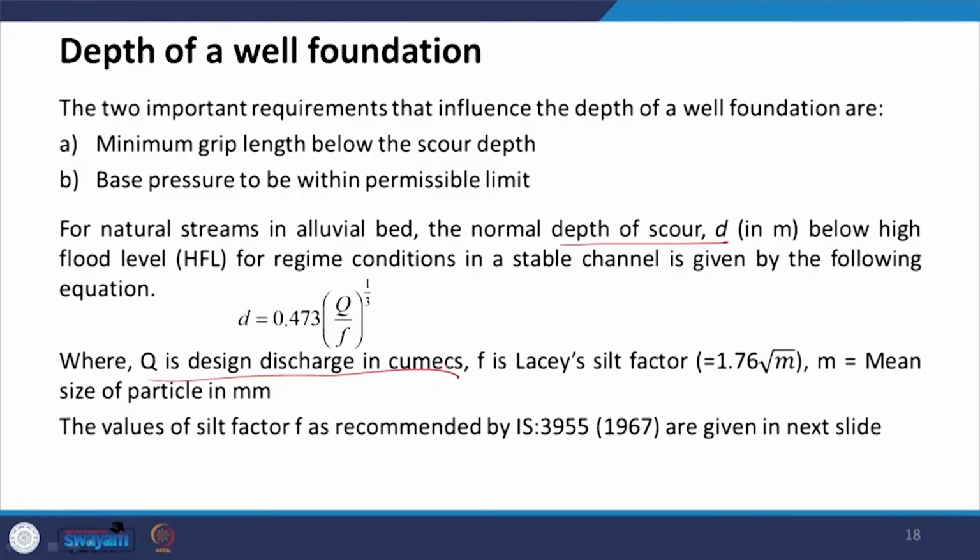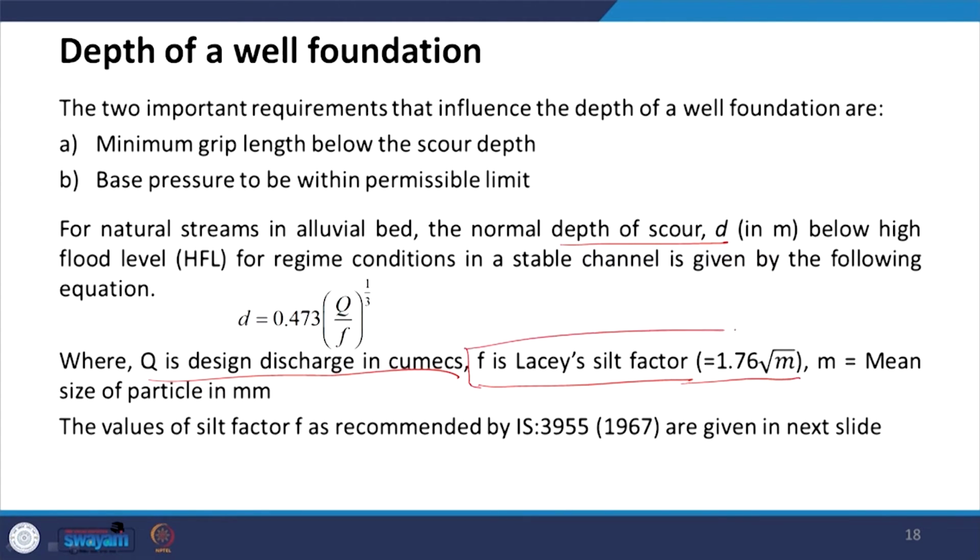That can be determined based on this factor f, which governs these characteristics of the soil, where f is called Lacey's silt factor as given here, and f equals 1.76 root m.